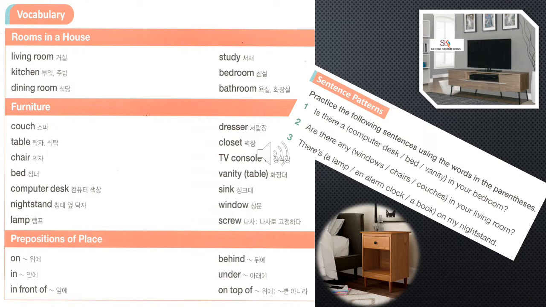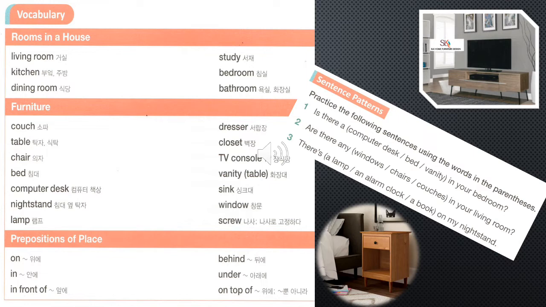In English, you can call a sofa a couch or sofa. You might also have a table and chair, a bed, computer desk, a nightstand, lamp, dresser, closet, TV console, a vanity, a sink, window, and the word screw is here as well.